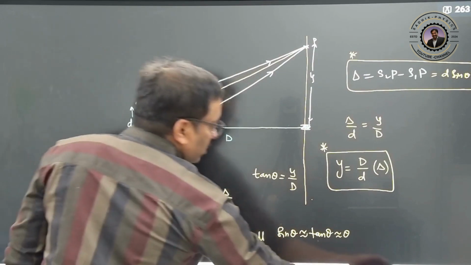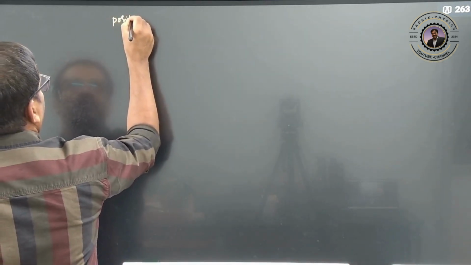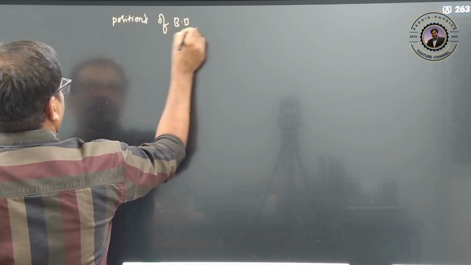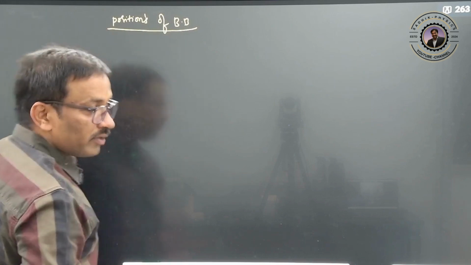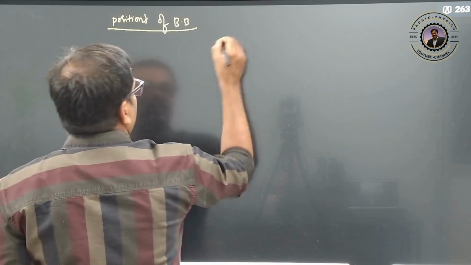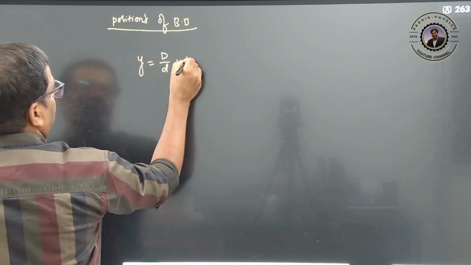Now we can write down the positions of the bright bands or bright fringes. The general formula you got is y equals capital D by small d into delta.